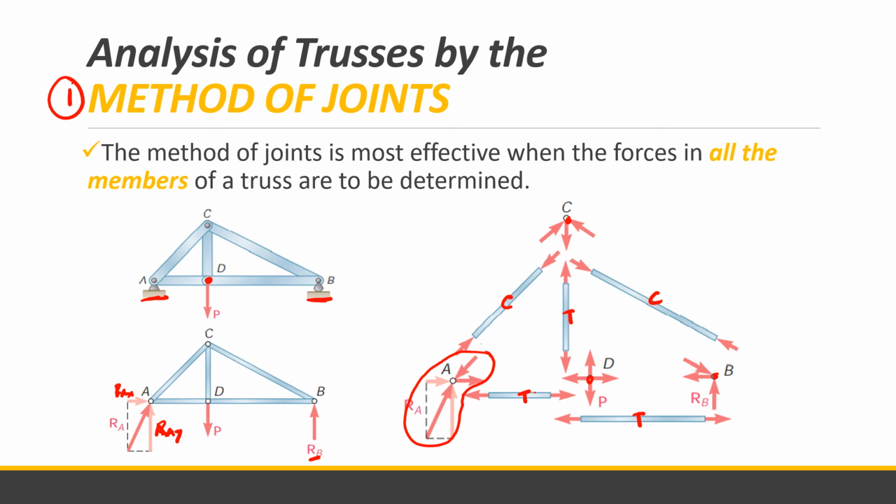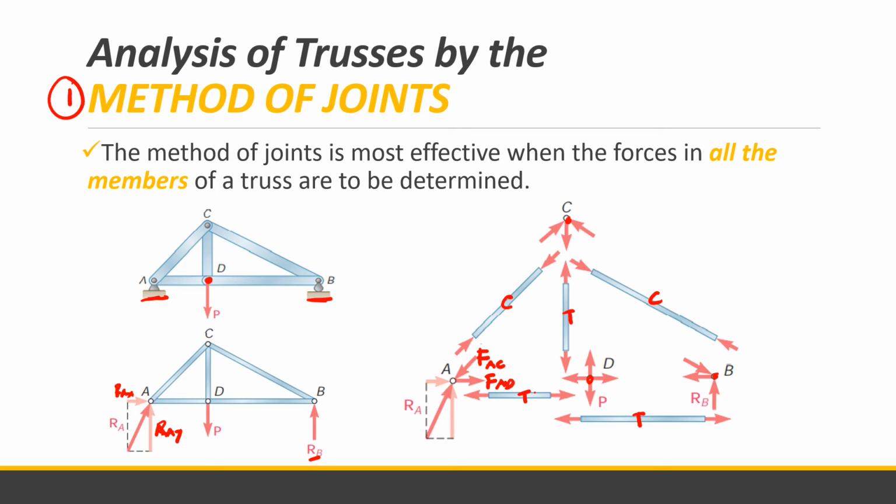So say this is member AC, so this is TAC, and this is CAC pala, compression, or say F na lang, force F, okay, so this is force AC, and this is force AD.